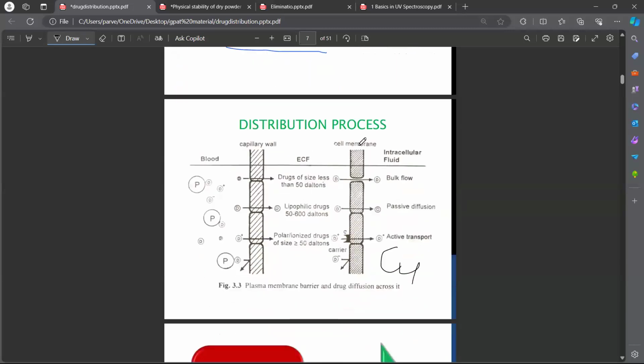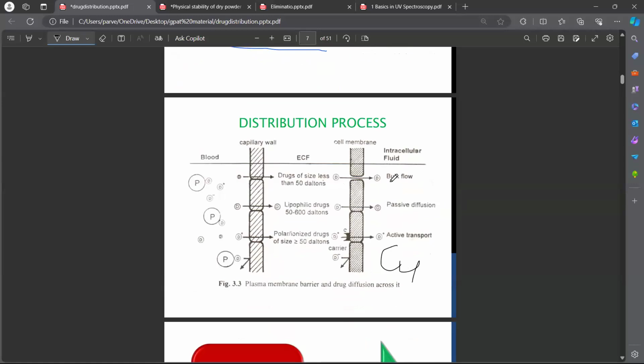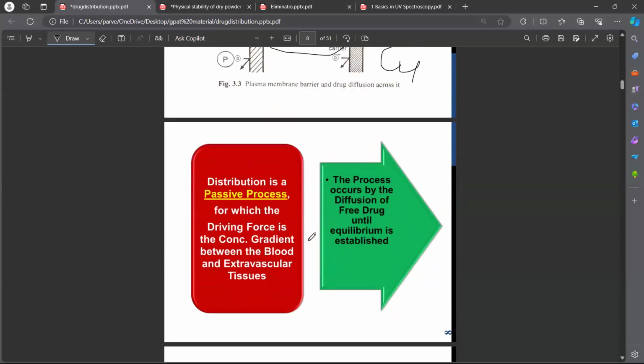The cell membrane can be crossed by bulk flow, passive diffusion, or active transport, depending on the properties of the drug.